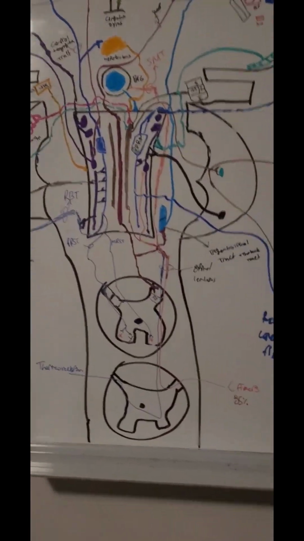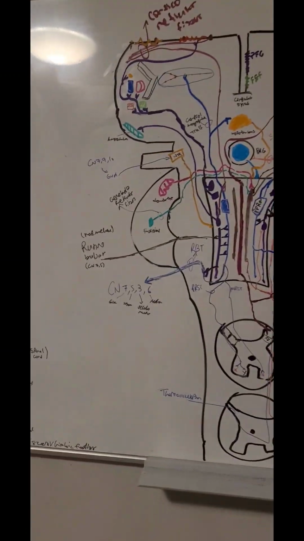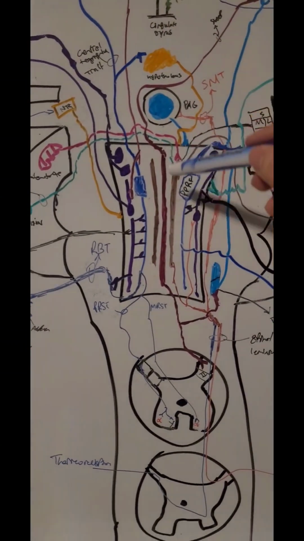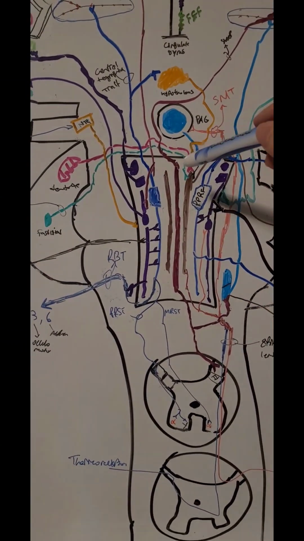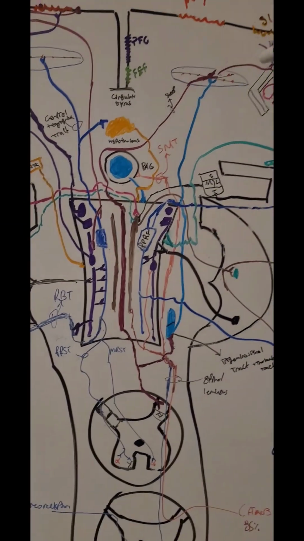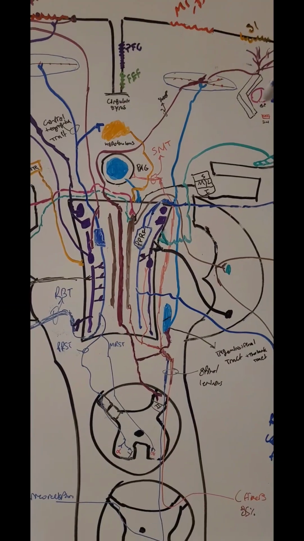So just to very quickly go through this, we were talking about the median zone, which has a lot of serotonin. So here's the median zone right here, and what's happening? It has ascending fibers that go to the thalamus here, and then they go to the cortex, and they alert the system.